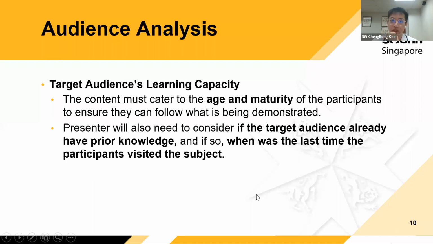Now, the next thing we'll talk about is target audience learning capacity. Let me give you an exaggerated example, a working adult versus a student. A working adult has the age and maturity, and therefore more experience compared to a student. A working adult should have the prior knowledge, so you do not have to go in depth.